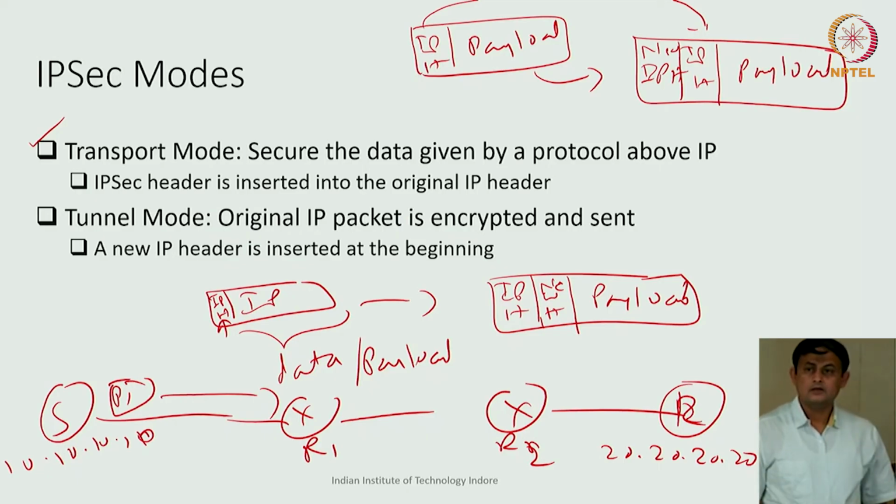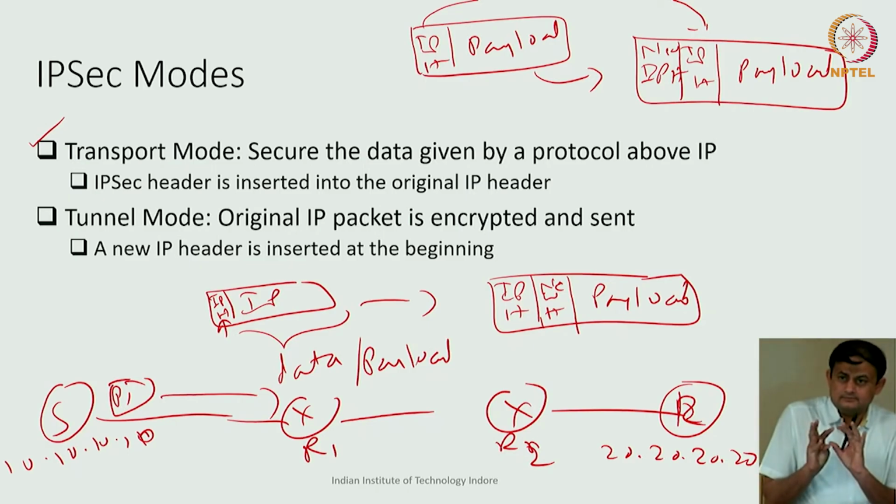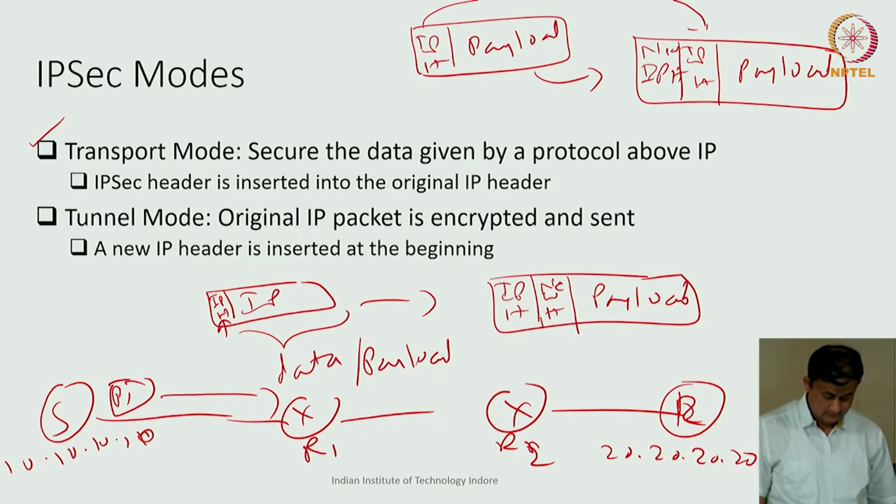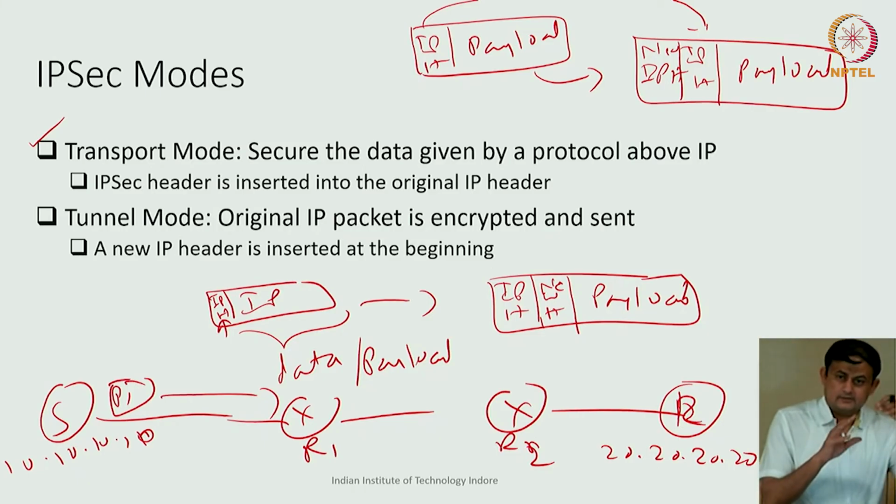So basically, you take the original IP packet, cover it over, and send it to the entity by attaching a new IP header.